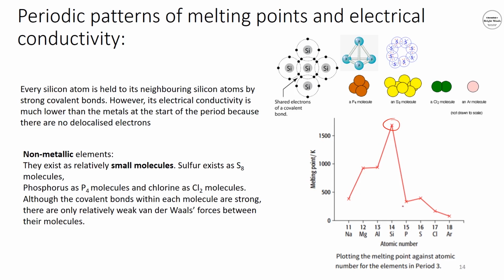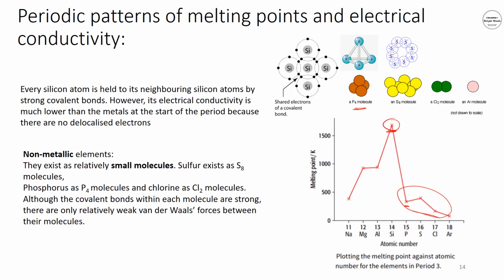Now, moving to this large drop between the metalloids and non-metals, you could see non-metals have the lowest melting points, due to the fact that I now have small molecules held together through covalent bonds. In the case of phosphorus, I have the tetrahedral structure.